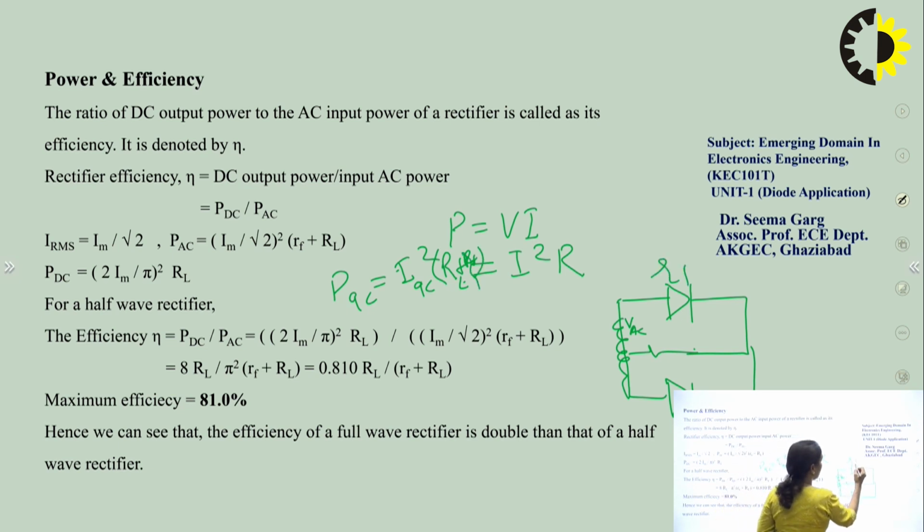RF is the forward resistance of the diode and RL is the load resistance. So the total resistance appearing in AC is both the two resistances, that is RF and RL.